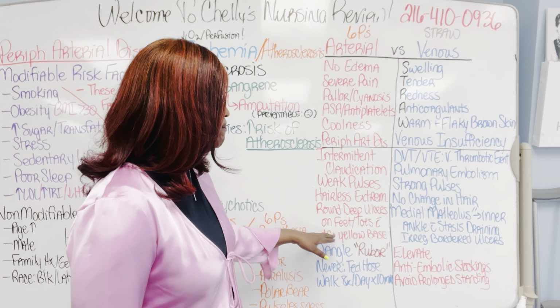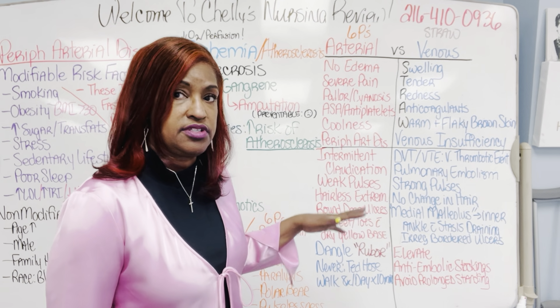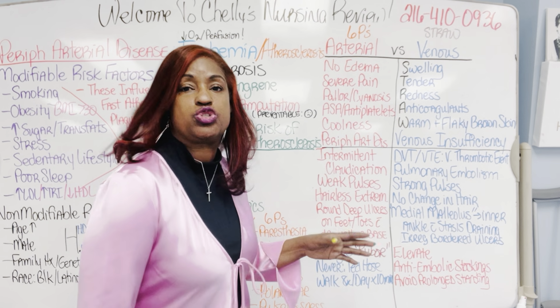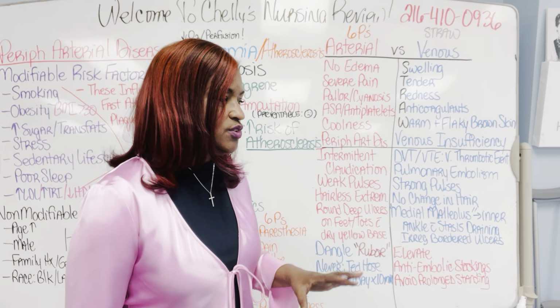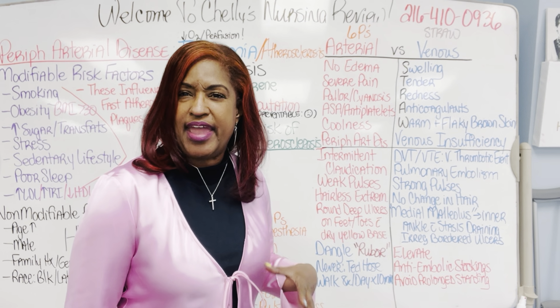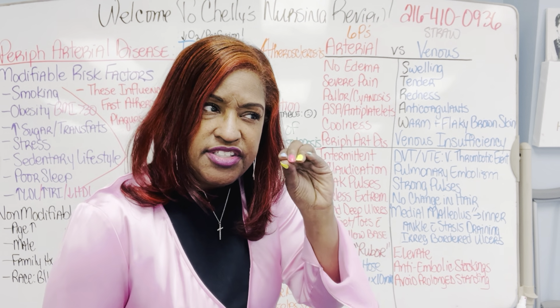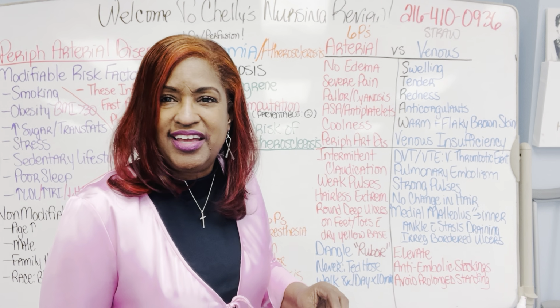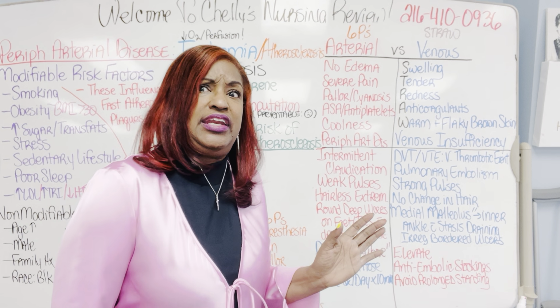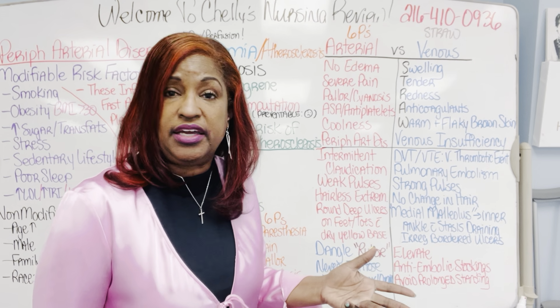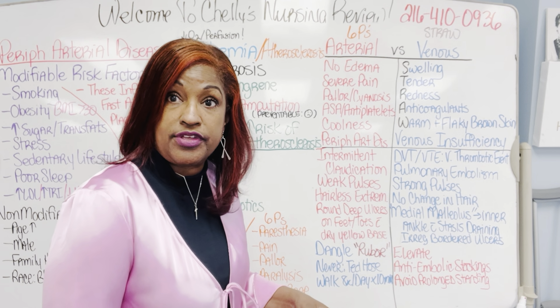And sometimes underneath the toes, but definitely on the toes, with a dry yellow base. Like you'll see a dry yellow base at the very deepest part of the ulcer. It won't be bright red, bleeding, draining, nothing. It's dry, okay? That's important. Oh my God, that's important.